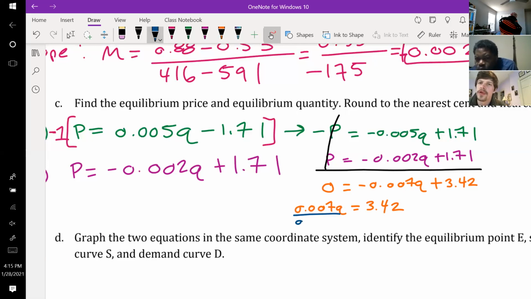So whenever you're finding the equilibrium price and quantity, you will times one of the equations by negative 1? Exactly. Because if it's P, then we just get rid of the P by making one of them negative. Check.